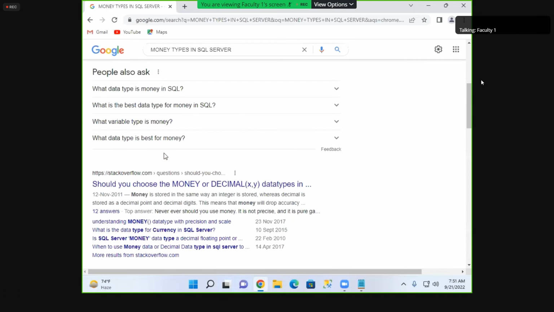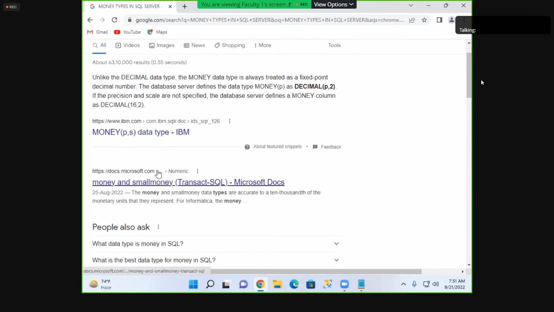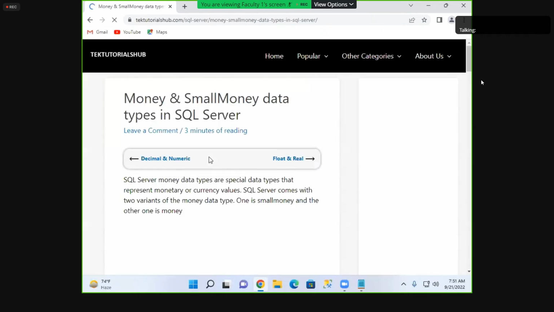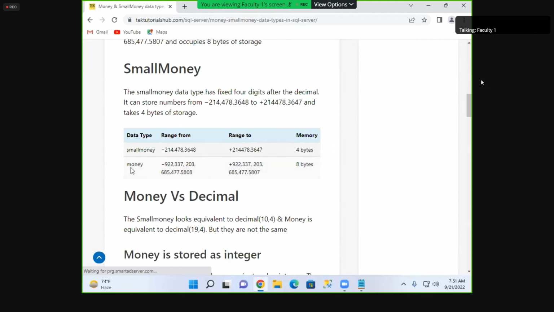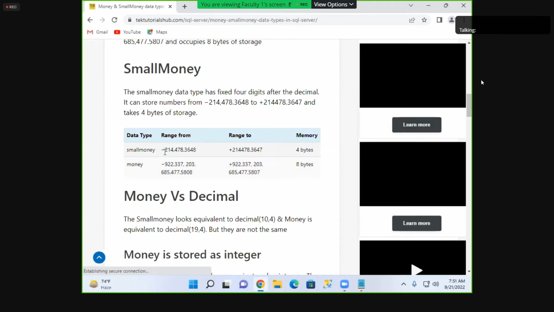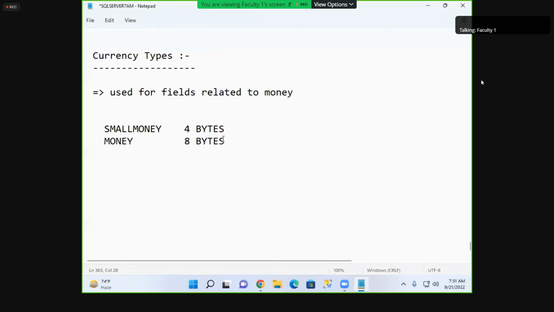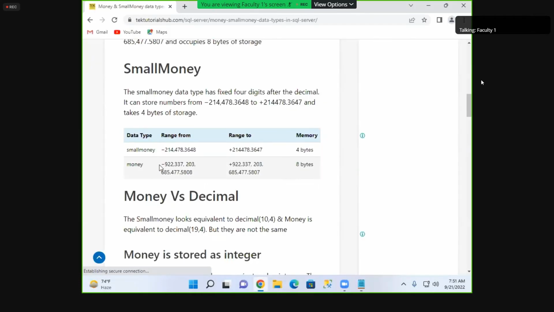So this is the range for smallmoney, and this is the range for the money type.